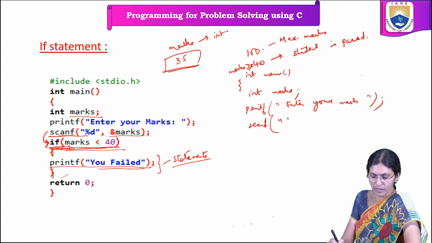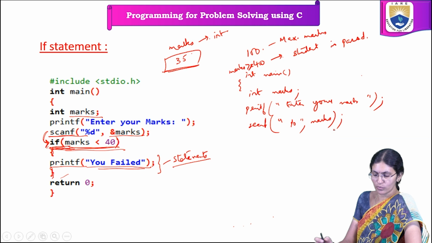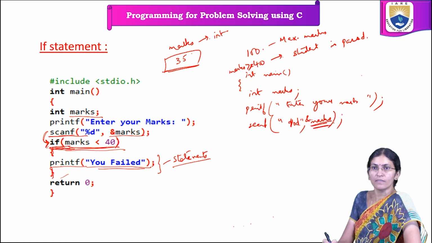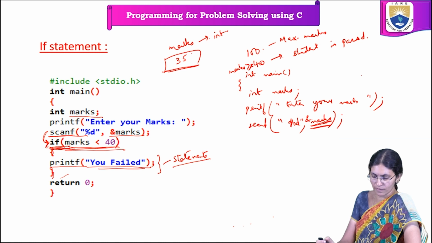This scanf function will read the marks entered by the user into the variable, and apart from that we also have to use the ampersand symbol. So the scanf function will read the integer data type into the variable marks.